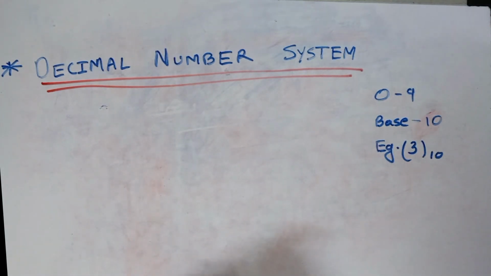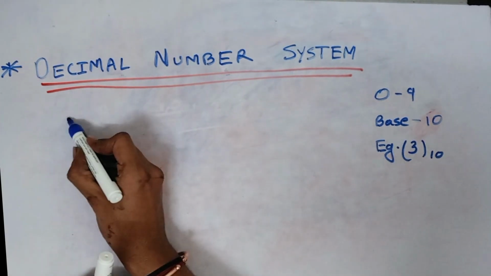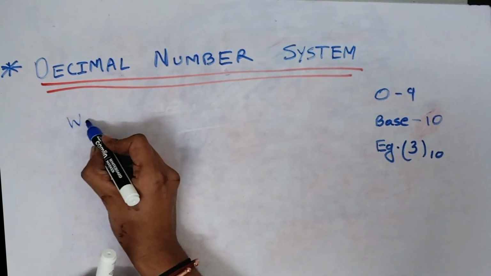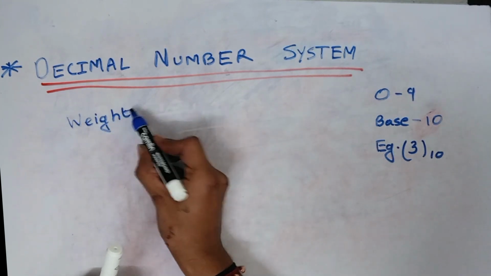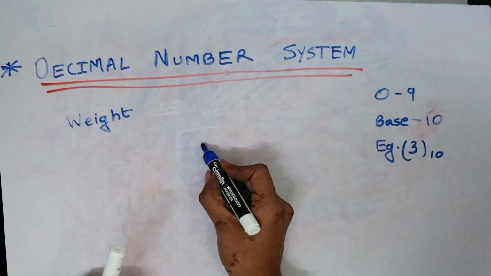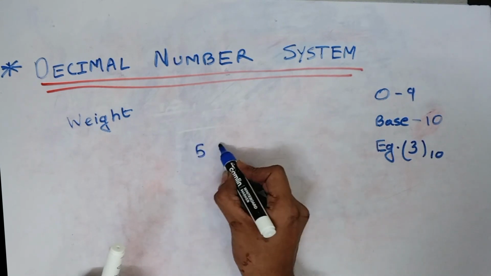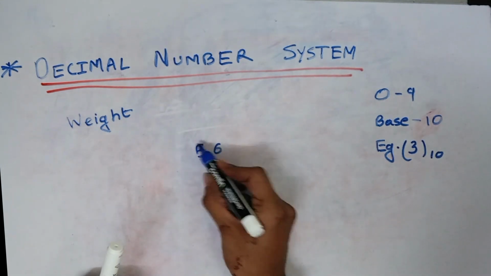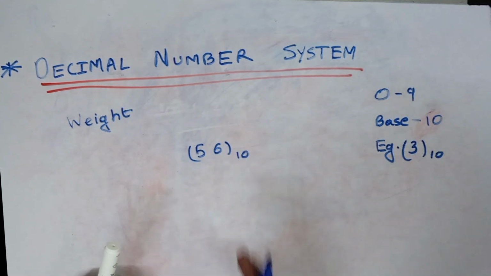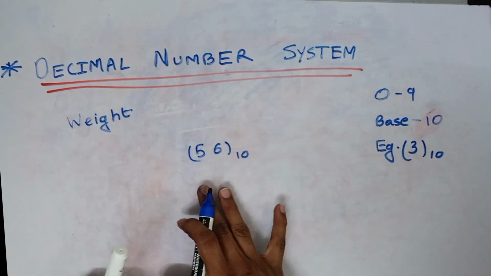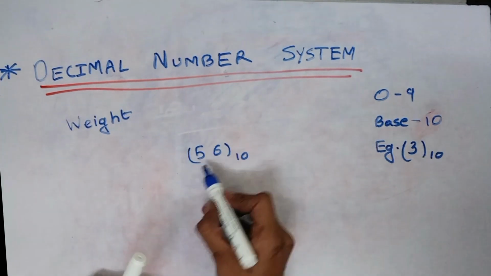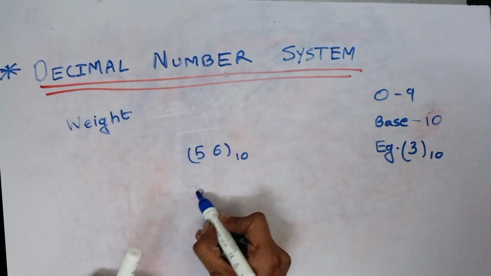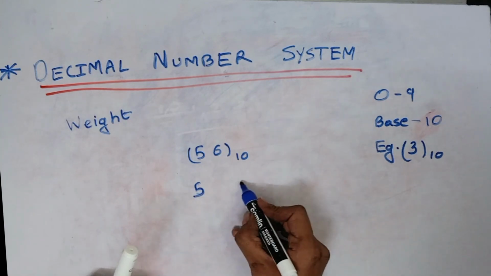Now let us see how we can represent any decimal number in its power format or weighted format. For this we need to understand weights. Now what is weight? Weight is nothing but the corresponding value of the decimal number. For example, let us take the decimal number 56. How can we represent it in powers of 10? Why 10? Because we are talking about the decimal number system. Let us write the digits separately.